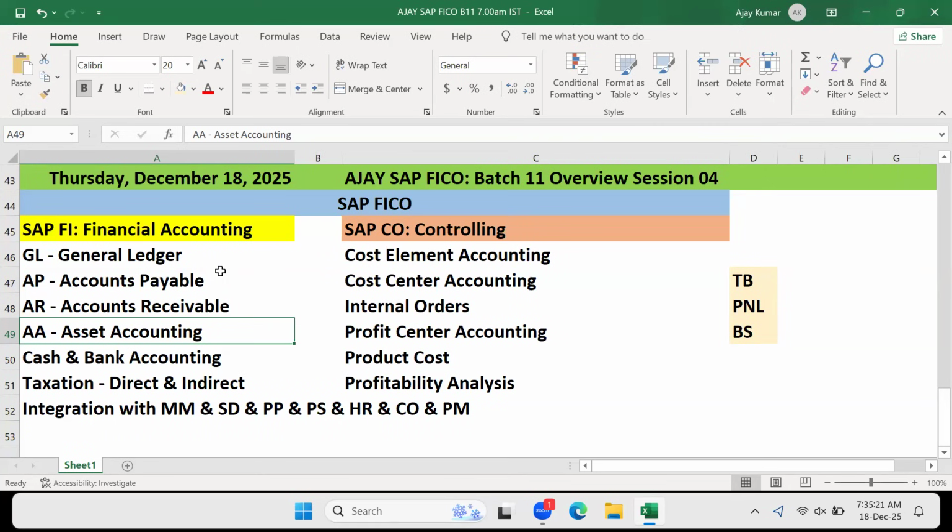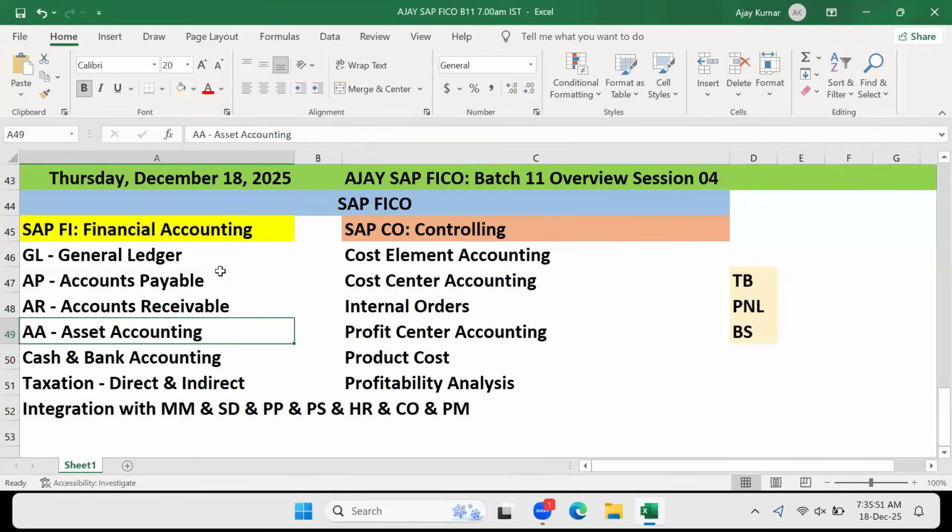When we talk about fixed asset, is it any asset which is giving you benefit for less than one year or more than a year? More than a year. If an asset is giving you benefit for more than a year, it is called a fixed asset. You have clear-cut categorization for fixed asset, like land and building, plant and machinery, furniture and fitting, motor vehicle, computer, software, license, and so on.